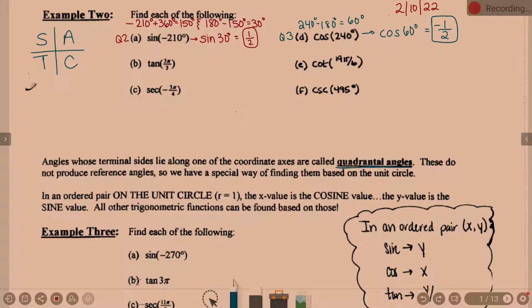Okay, 5 pi over 3 is down here in quadrant 4. How far is 5 pi over 3 from my x-axis? So where is it closest to the x-axis? To the 2 pi.